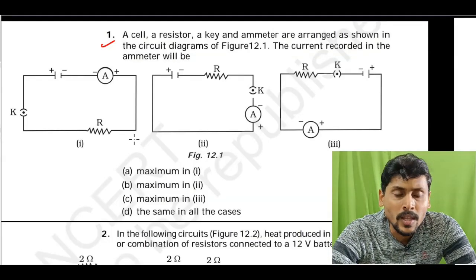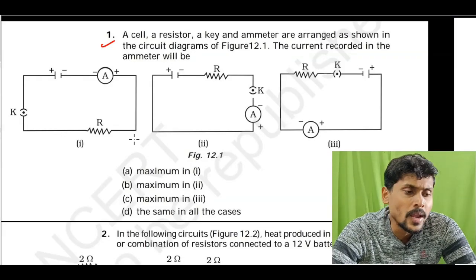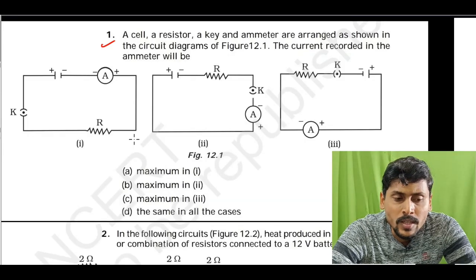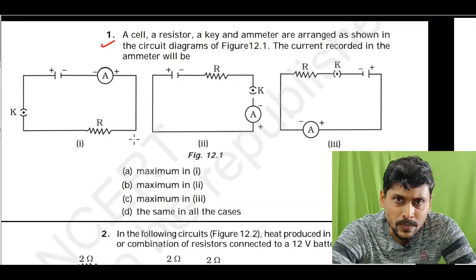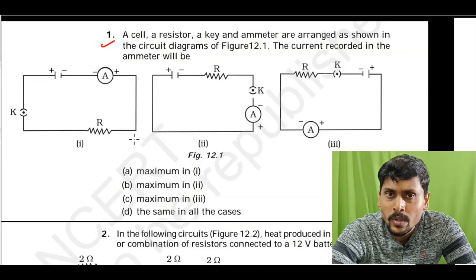You have one cell, then you have one ammeter, then you have one resistor, and you have a key or a switch. So if you look at all the diagrams, you can see that all these components are joined in series. So we know that in the series combination the current will remain same.